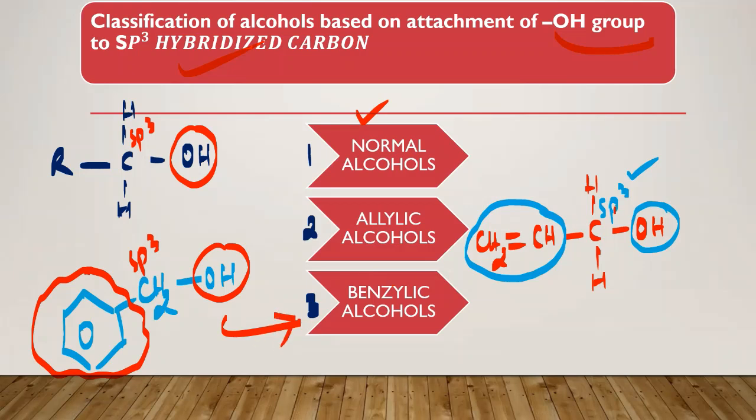When an sp3 carbon is attached to an OH group and that sp3 carbon is next to a carbon-carbon double bond, we call it allylic alcohol. And when the OH group is present on an sp3 carbon, that is just a normal alcohol, my dear friends. And we can further classify them into primary, secondary, and tertiary, or we can also call them 1 degree, 2 degree, and 3 degree.